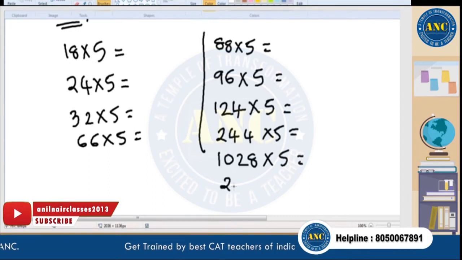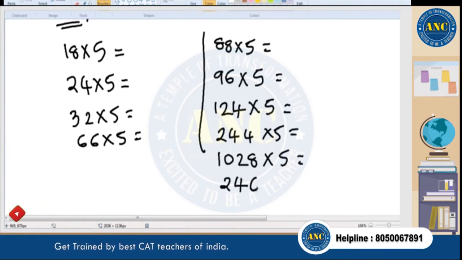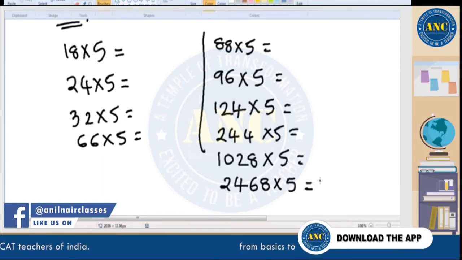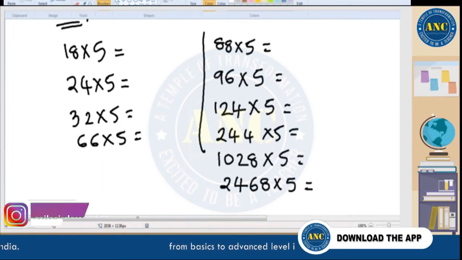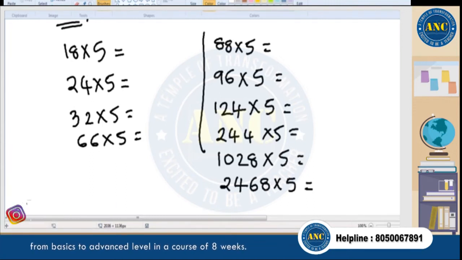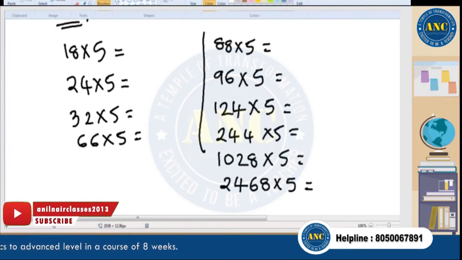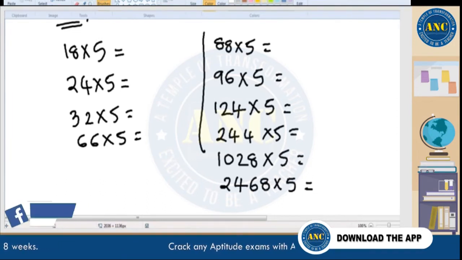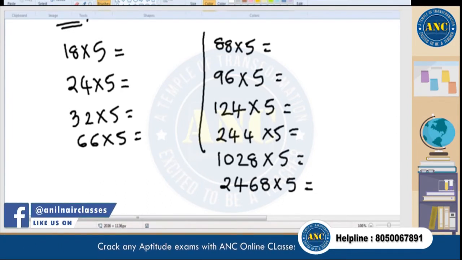If you wish, again I'll go for 2468 into 5. Not only 2-digit, 3-digit, 4-digit, for any number of digits I can answer the question directly without wasting time in individual multiplication. We'll look into that, sir.